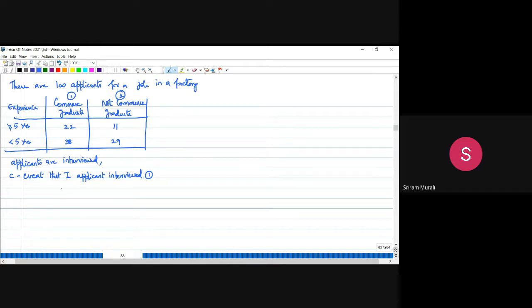And E is the event that the first applicant interviewed has at least 5 years of experience.